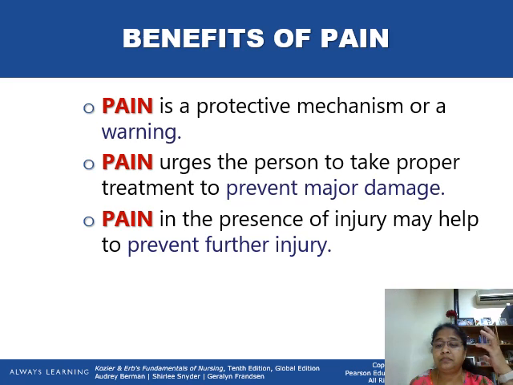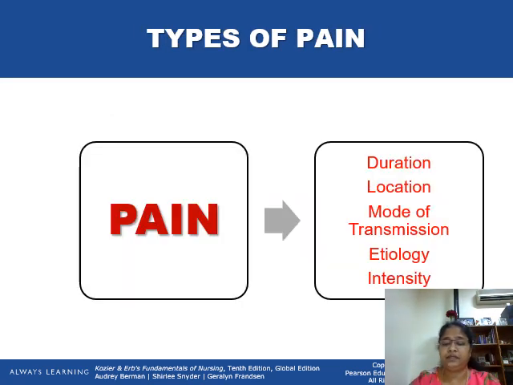So it urges the person to take proper treatment so that major damage can be prevented. So it's a good thing. Pain and the presence of injury may help to prevent further injury. Whenever there is a fracture, where the bone is broken, because there is pain, we go to the hospital and take treatment so that further problems are avoided.